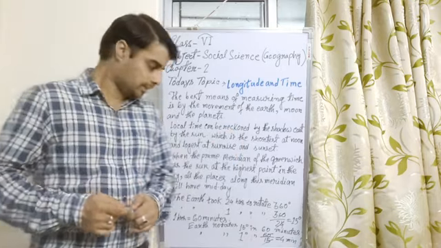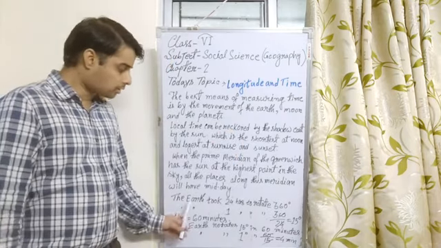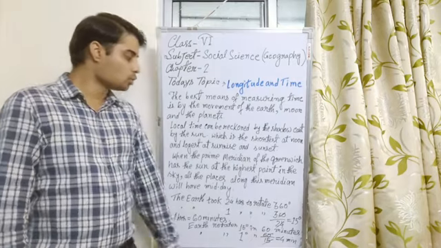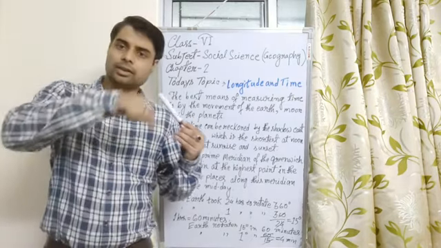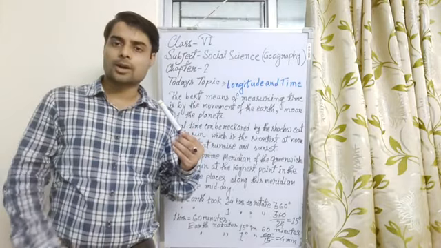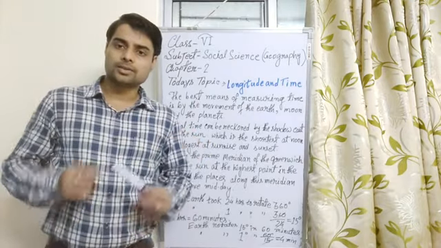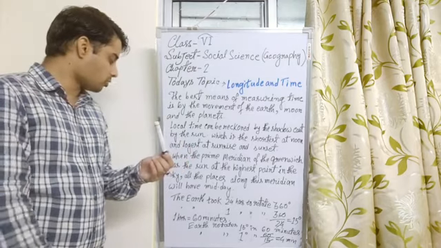Now we will learn. Just look at the board: the Earth takes 24 hours to rotate 360 degrees. The Earth, in a tilted manner, rotates on its axis through 360 degrees in a round shape.